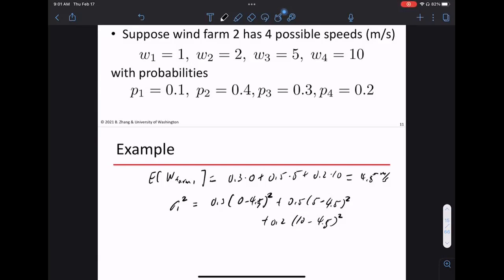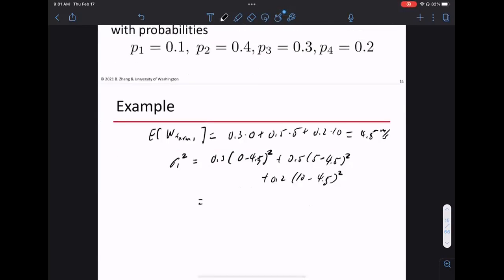So this tells us this is 12.25. And this has a weird unit now: per meter per second, squared. That's just the unit for a variance.